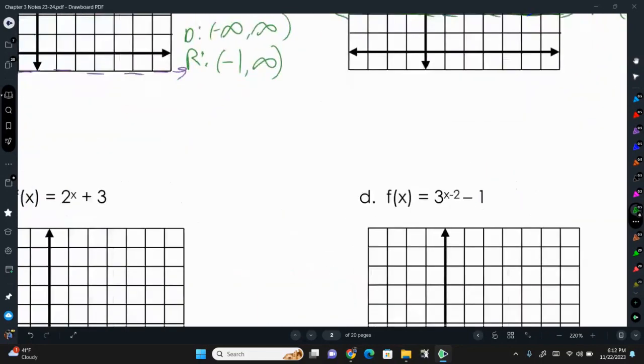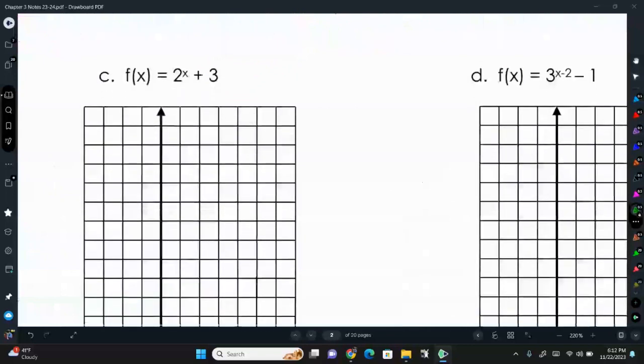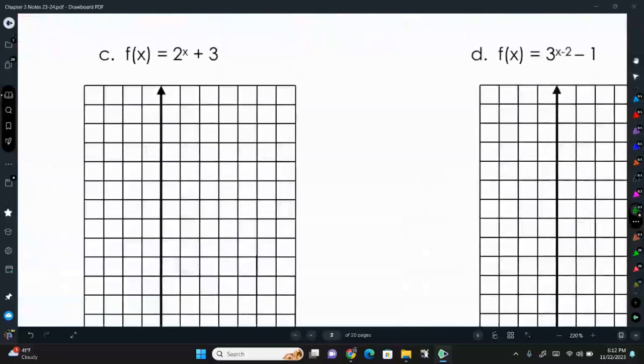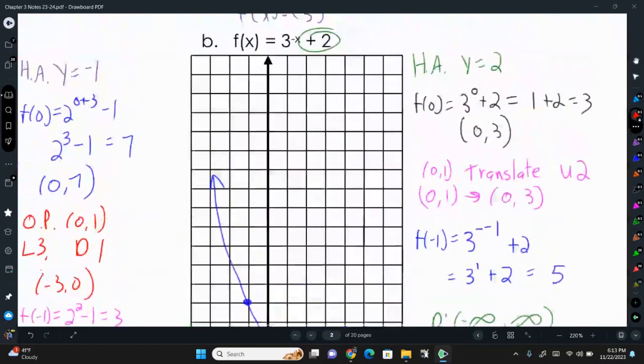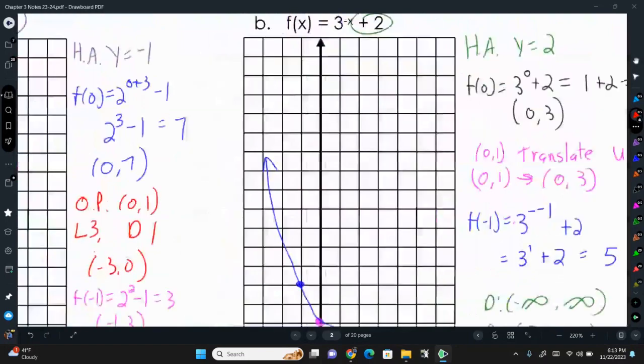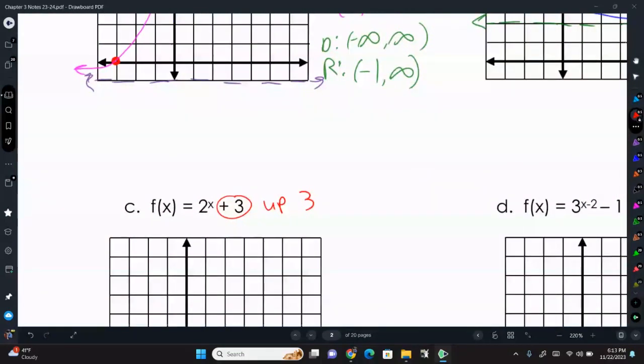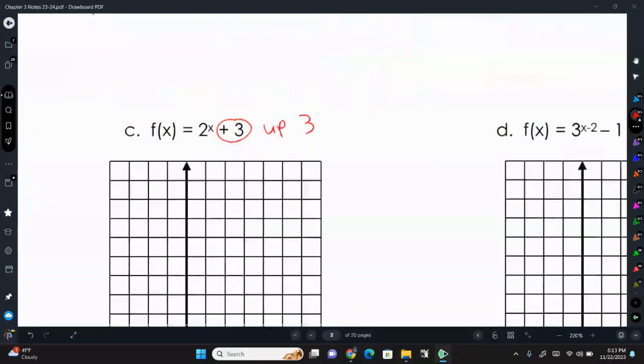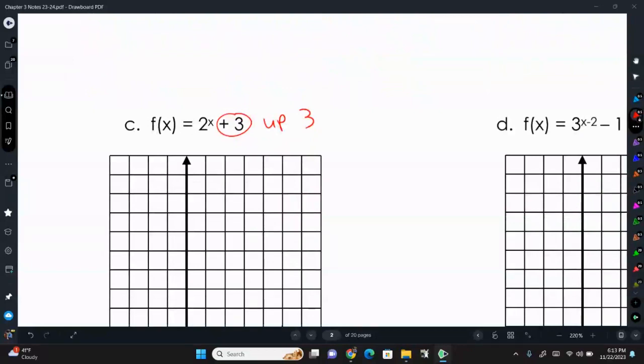Okay, so now let's look at the ones down here. We have 2 to the x plus 3. And that plus 3 means that we're going to shift it up 3. Because we are not shifted left or right, we're going to run into the same issue that we ran into here, where our new y-intercept is going to be the same as our old y-intercept translated up.